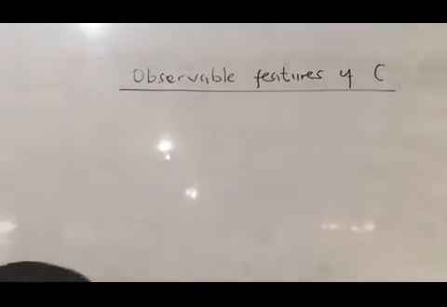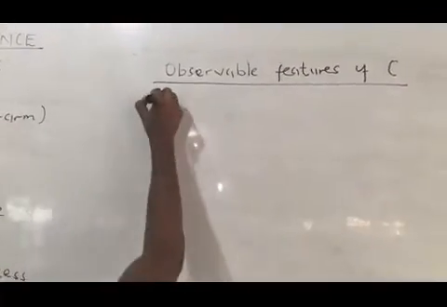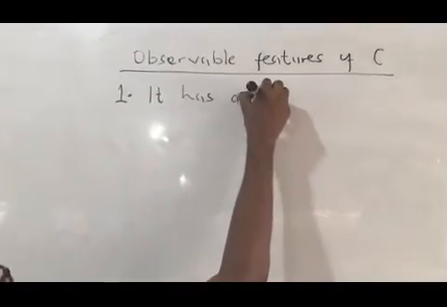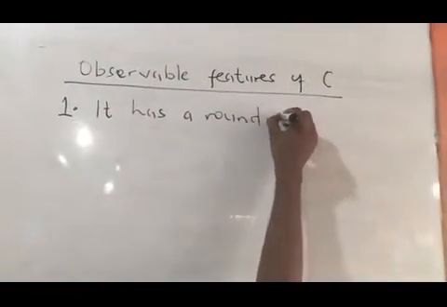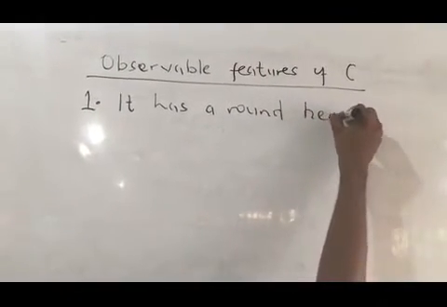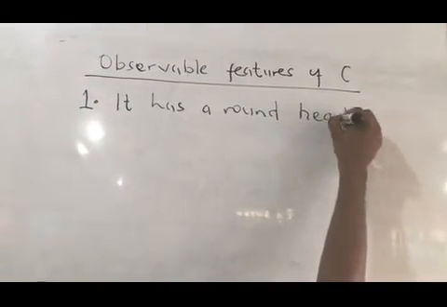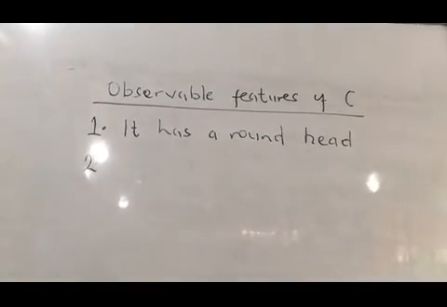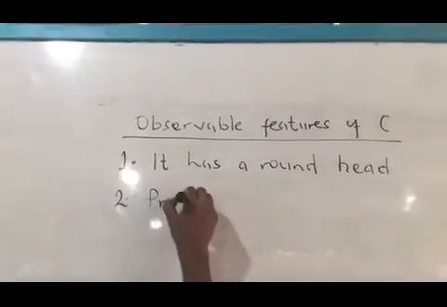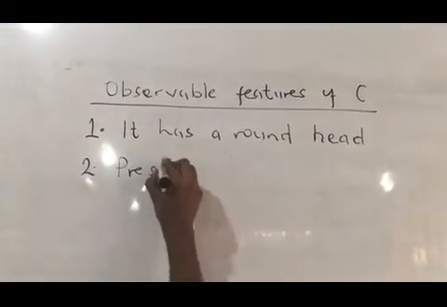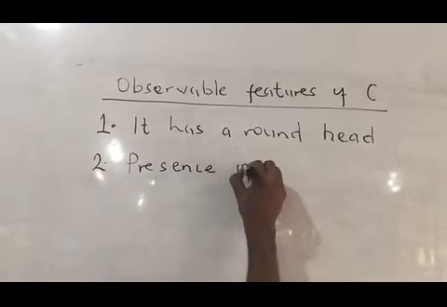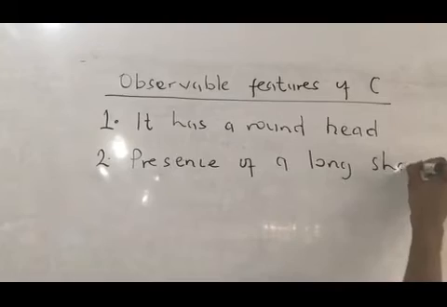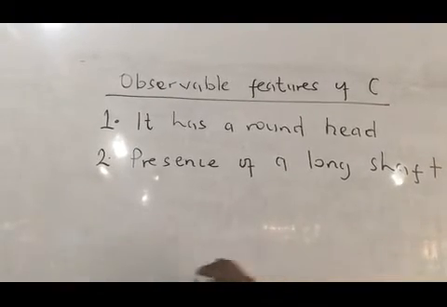Observable features of C. So for C, it has a round head, there is presence of a shaft, a long shaft.